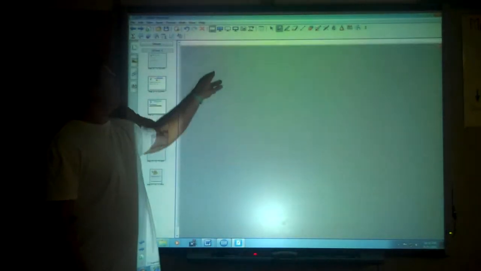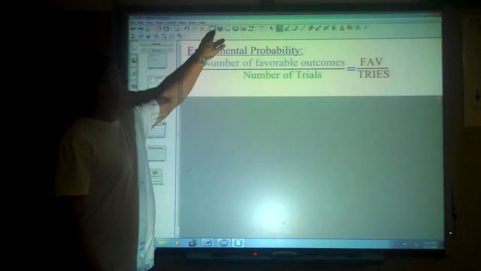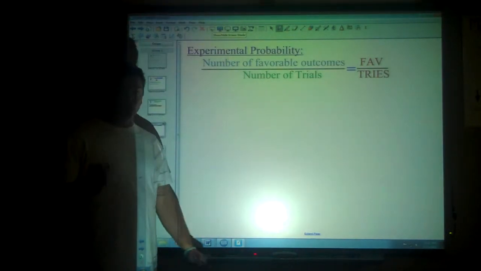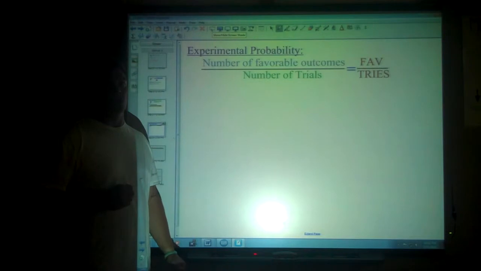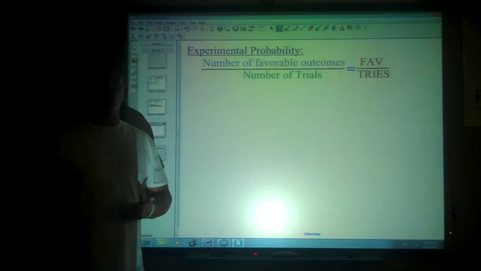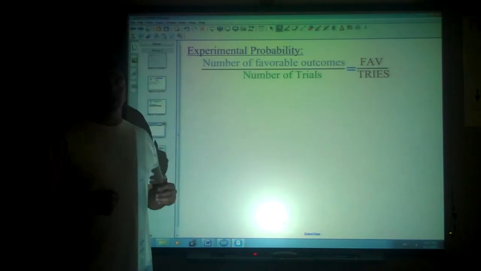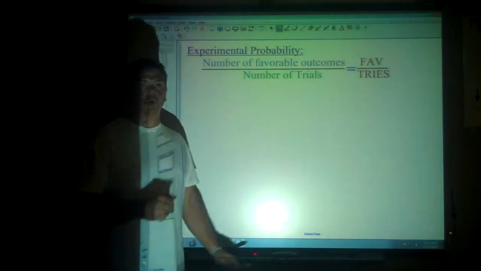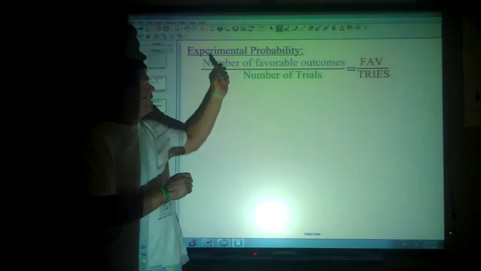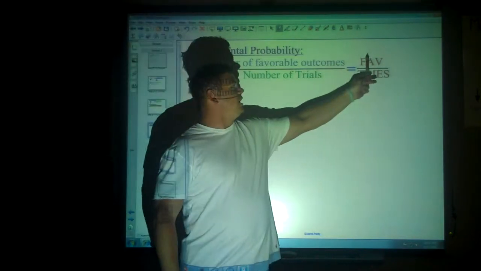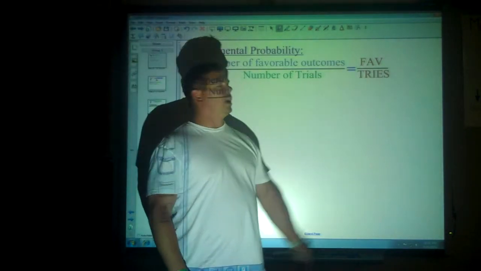All right? But there is also experimental probability. And this is different because it's actually an experiment. So you're actually rolling the die. You're actually flipping the coin. It's possible you could flip the coin 100 times and maybe 70 of them were heads and 30 of them were tails. I mean, I doubt it would be that much, but it could. And if that's the case, the number of favorable outcomes, if you were flipping the coin and you wanted to know what the experimental probability was for flipping heads, you'd put the 70 favorable heads over the 100 tries.